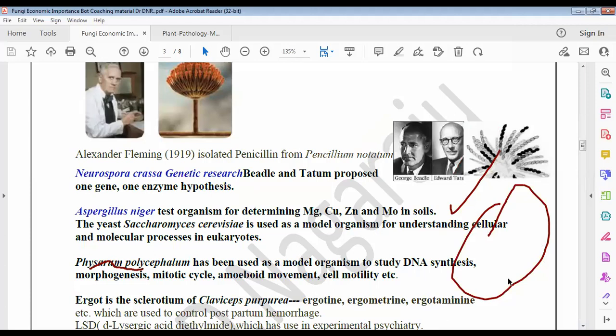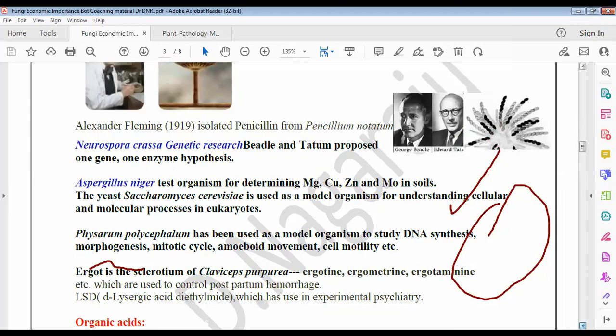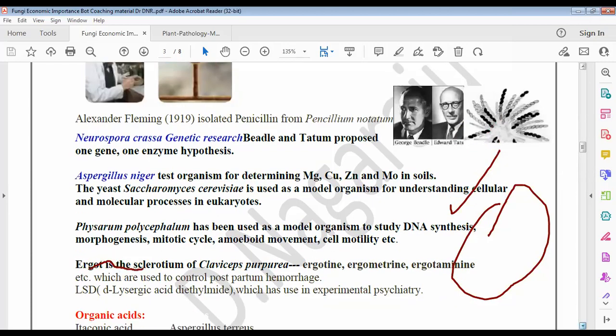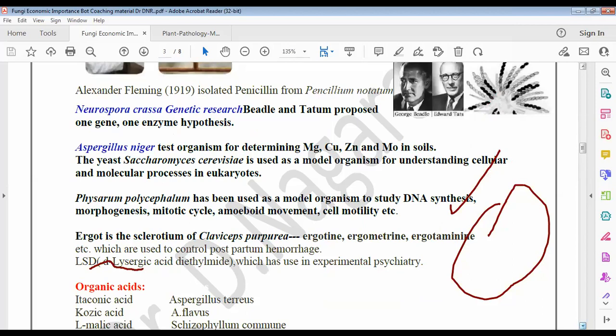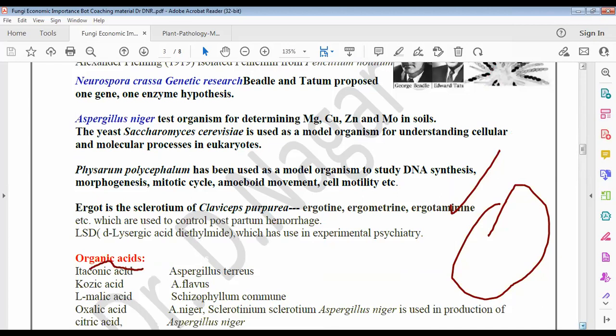Saccharomyces cerevisiae is also used in molecular and cellular studies. In DNA synthesis, we use Pisarum polyseparum as a model for DNA synthesis.